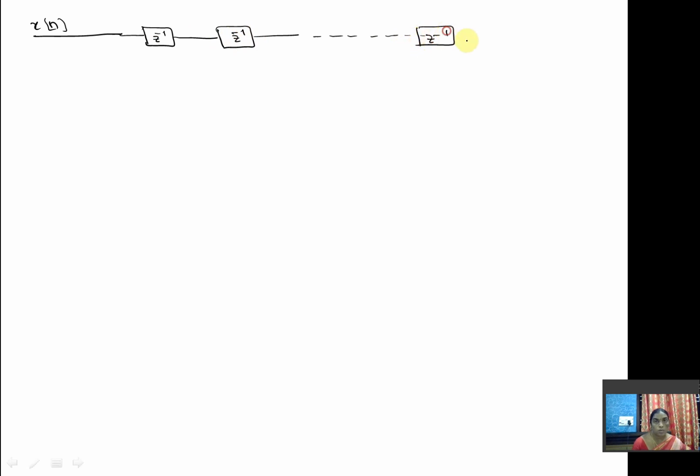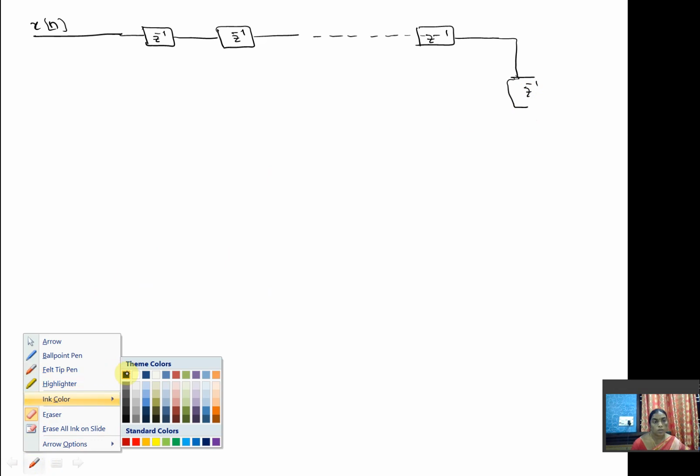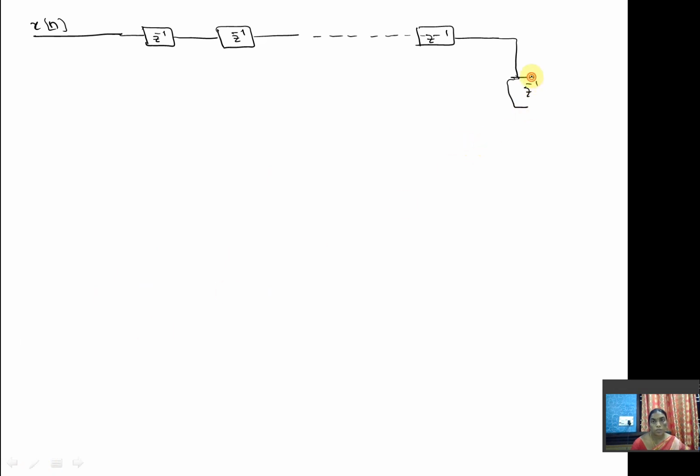Here also z power minus 1, place here also z power minus 1, like this.